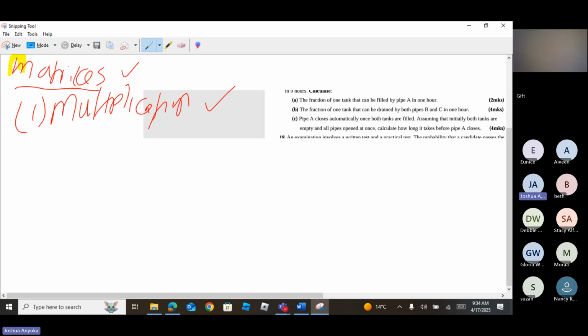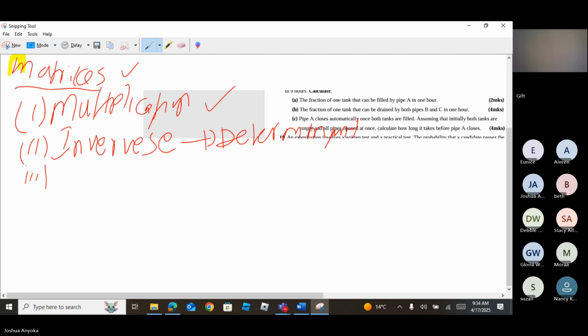From multiplication, that's where we do the inverse of a matrix, and the inverse calls for you to know how to find the determinant of a matrix. Number 3, after getting the inverse and determinant, now we define what a singular matrix is.